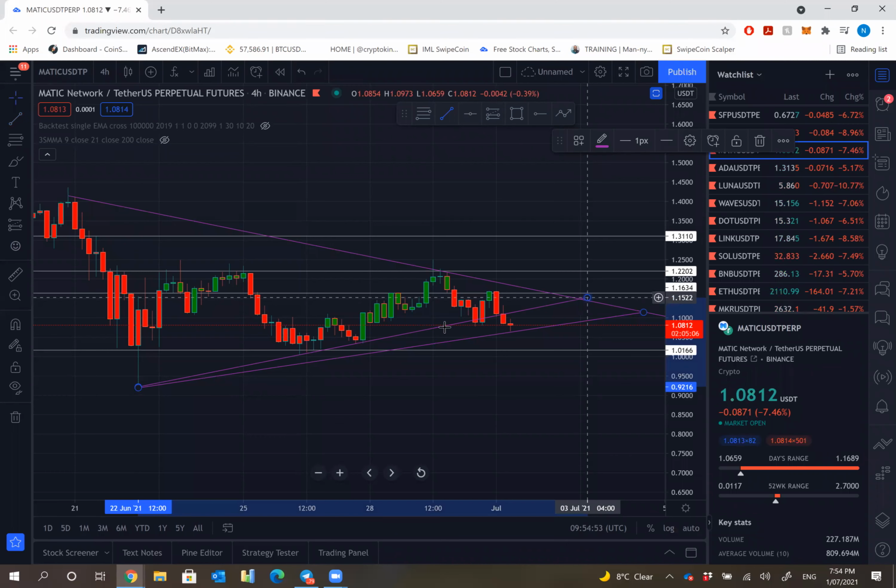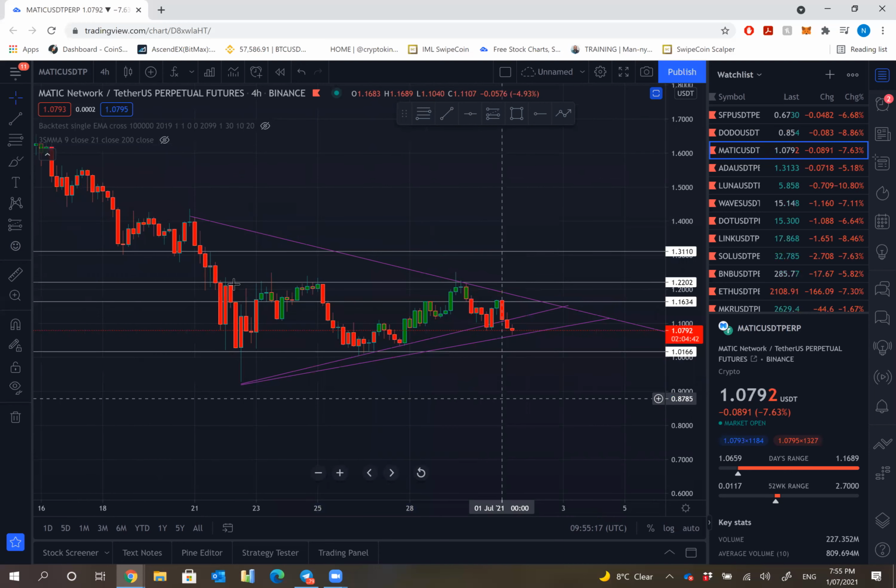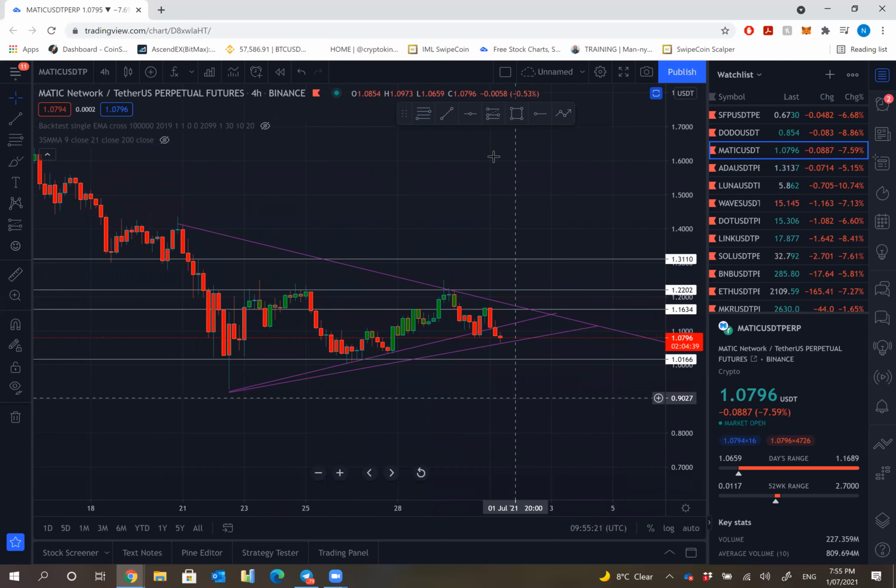So I've drawn a second trend line here because, as you can see, this line here was used as support, and then it broke through and it's now using this line as support. It could get stuck in this channel or it could pop through. So the more lines that you draw, the more accurate the actual movement of the coin will be.